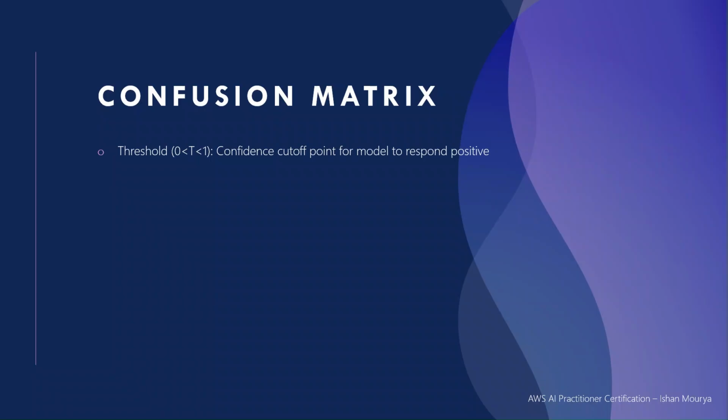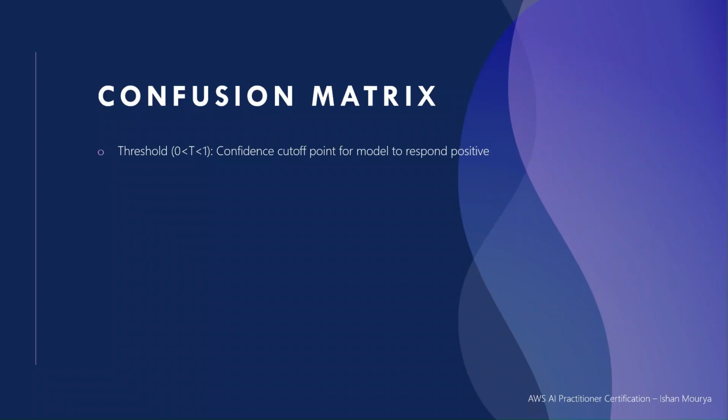Now, when the confidence varies from 0 to 1, it's in your hands to set up that threshold, on what confidence we are going to say that it is spam. You can set the threshold on your own.